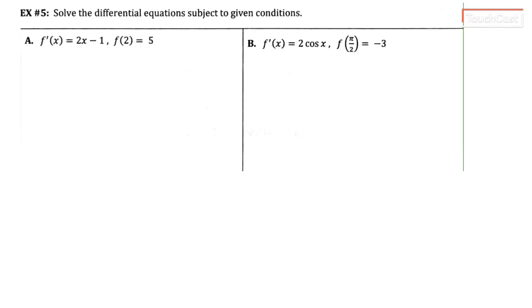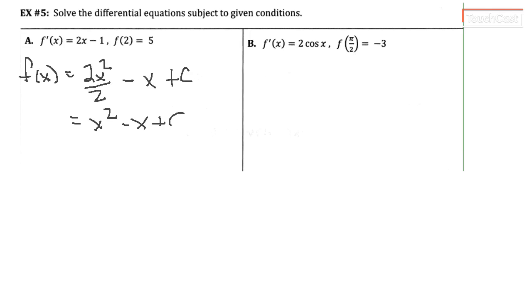We're looking for f of x. We're going to increase the power of each variable. So 2x becomes 2x squared, divided by 2, minus x, and then we put a plus c at the end. But we can cancel out these 2's, so we have x squared minus x plus c.